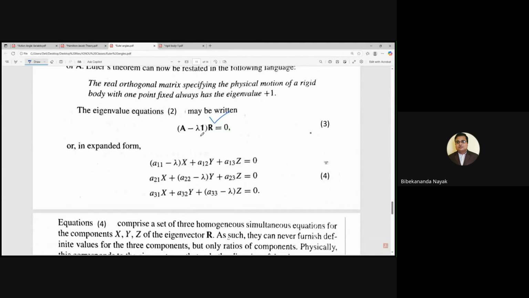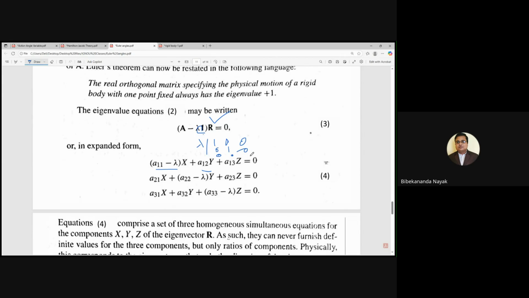If I expand it, R means x i cap, y j cap, z k cap, as a column matrix x, y, z. So we get A11 minus lambda, A12, and so on, because the unit matrix is multiplied, with 1 0 0, 0 1 0, 0 0 1.